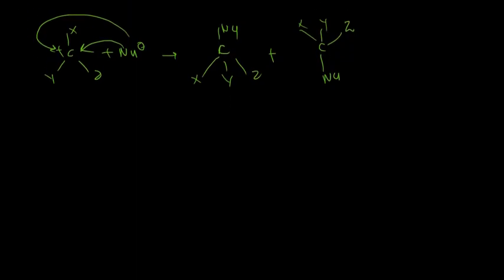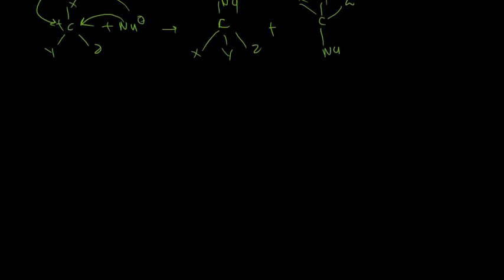Now let's solve some problems. We have here chlorine, then H2O. Which compound will it form? So let's solve the problem. First of all, chlorine will go. Here we have a carbocation.